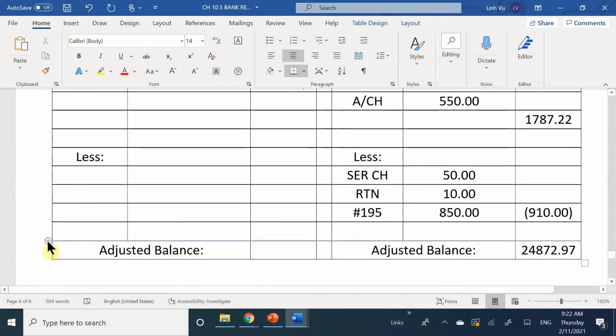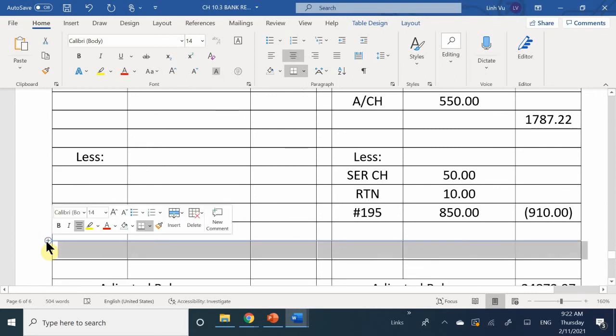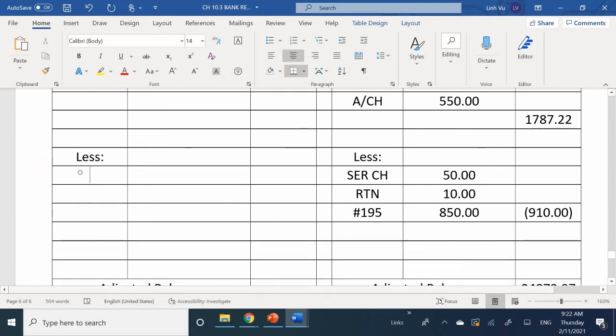I need to add a couple more. So we have number 846, number 875, 878, and we have 880, and we have 881.